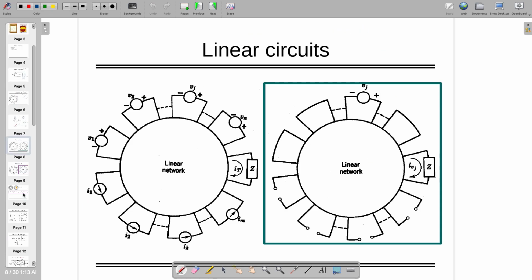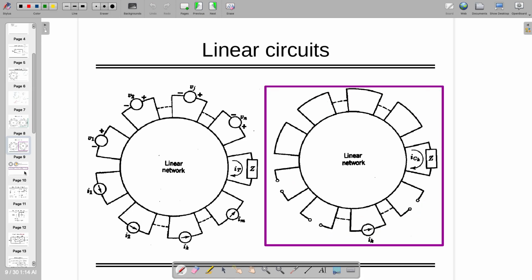So all the voltage sources are short circuit, are zero, and all the current sources are open circuit, and I am going to use only one voltage or current source at a time, and I'll find out what the output is. Then I'll apply the same thing for a different current or voltage.